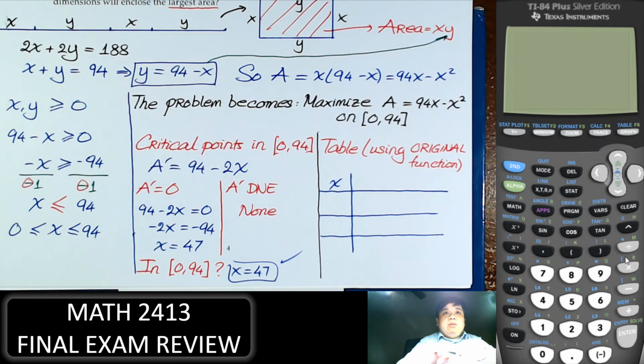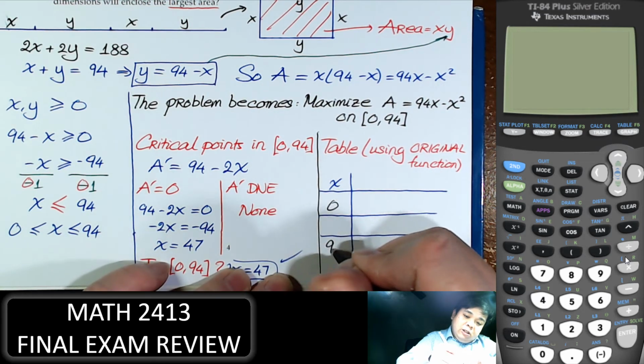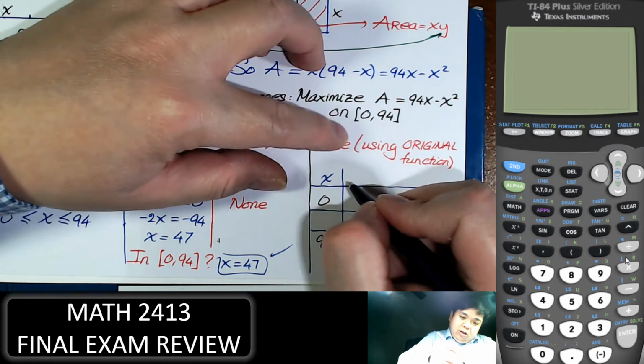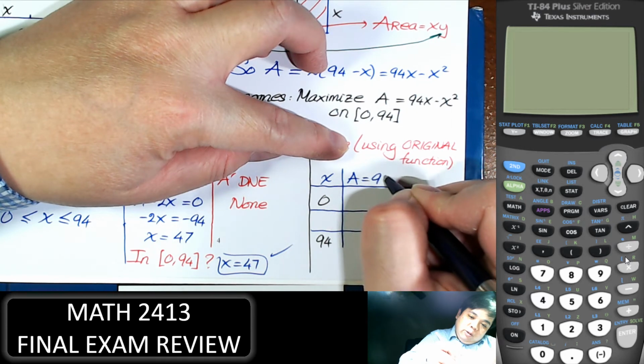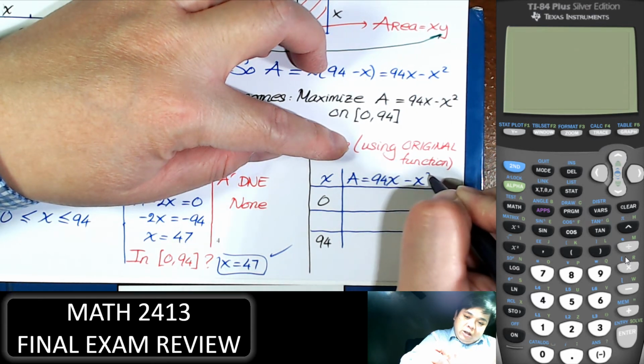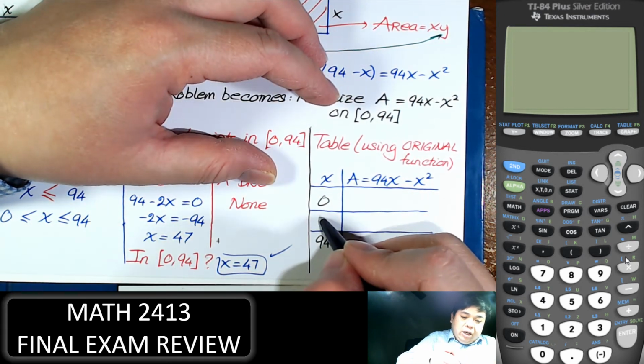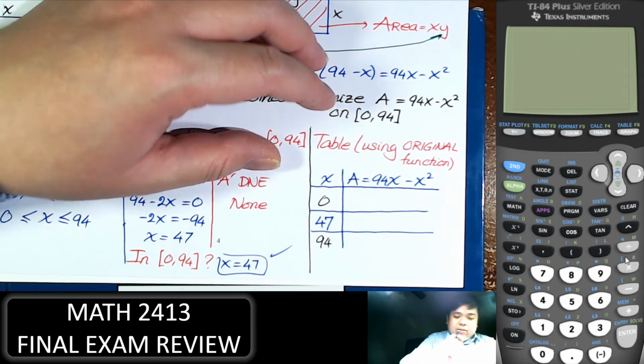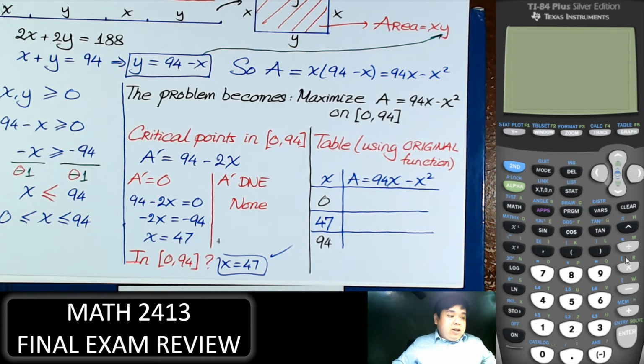We have the boundary of 0 and 94, and the original function 94x minus x squared, and the critical point in the middle, 47.